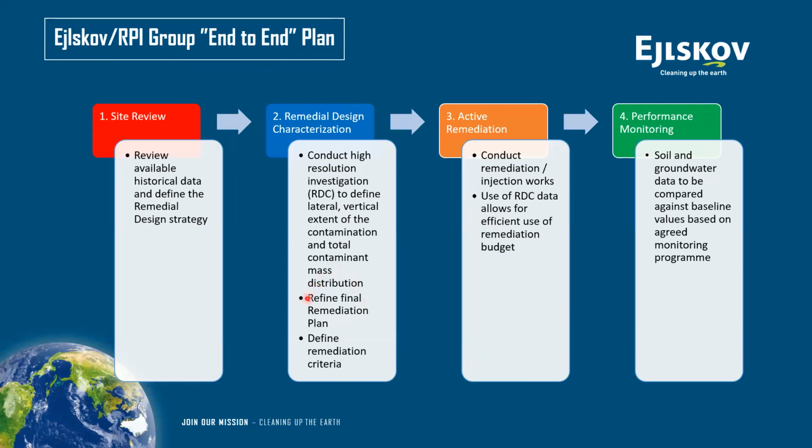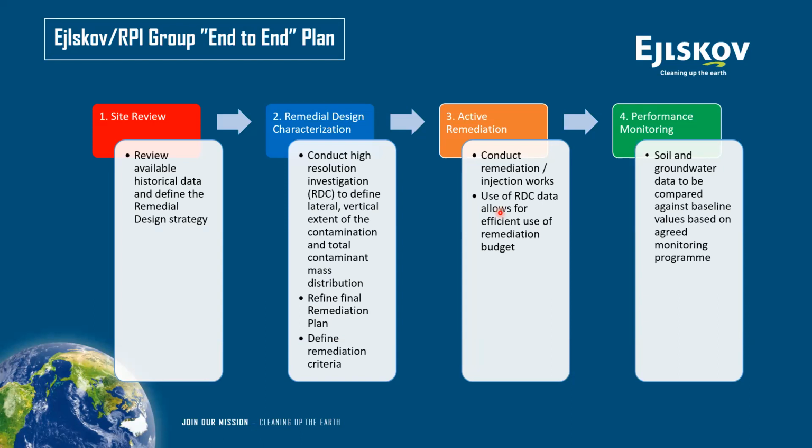With all that data, we are then able to refine the final remediation plan and possibly also improve the risk assessment that the consultant has already prepared and discussed with the authorities, since we have a lot more data. And then go into the active remediation phase with a lot more confidence, again, due to the fact that we have better data available and we can use now the budget that is available for the remediation a lot more efficiently.